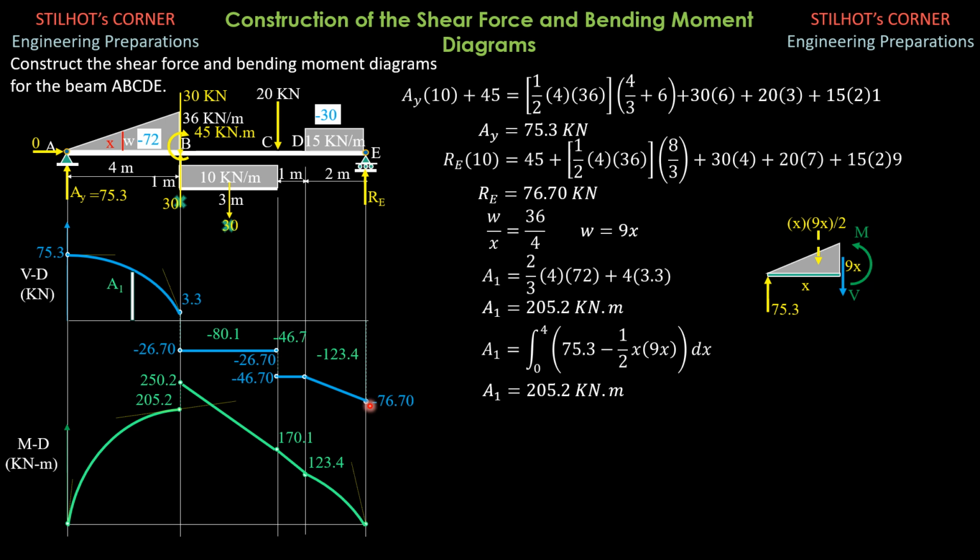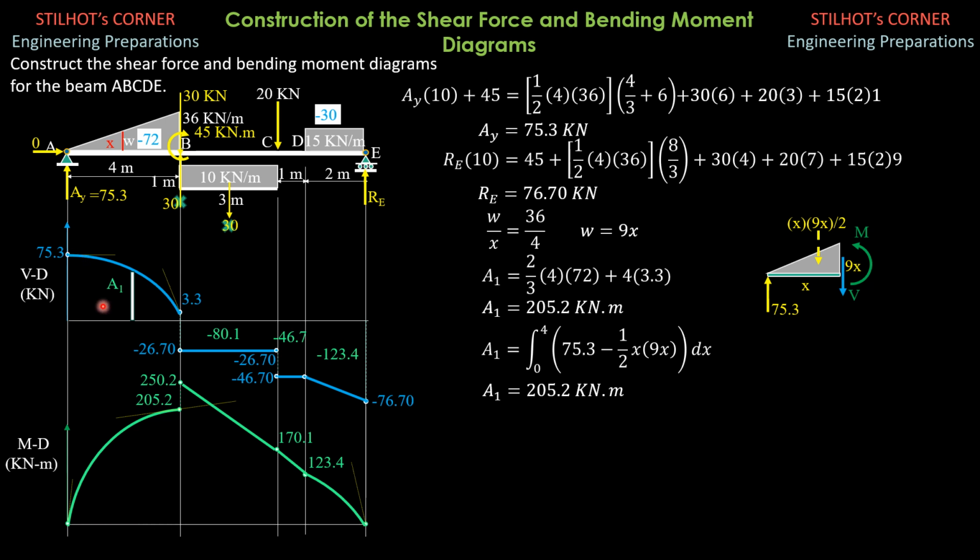Now for the moment curve, area 1 is the area of a parabola, which is 2/3 base times height, plus the area of this rectangle. There is a rectangle of height 3.3. So these are the calculations. The area of a parabola is 2/3 base times height, while the spandrel of a parabola, or complementary parabola, which is this, is 1/3 base times height.